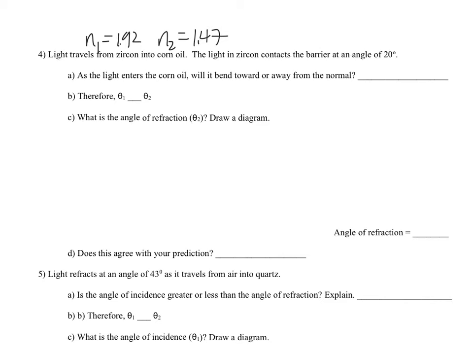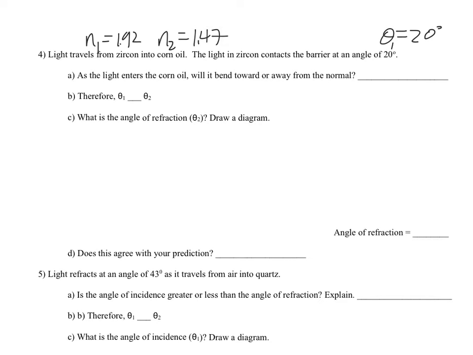So if zircon's our first material, that is our theta 1. When students in class were asking questions about this one, the first thing I said was you have to determine n1 and n2, and you have to determine if that angle is theta 1 or theta 2. The problem becomes much easier once you establish that.